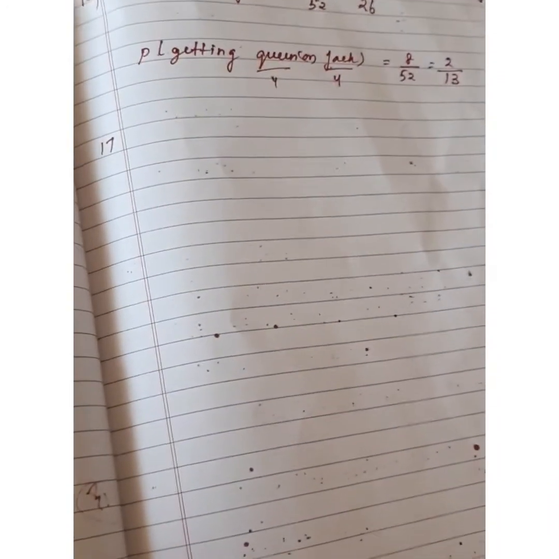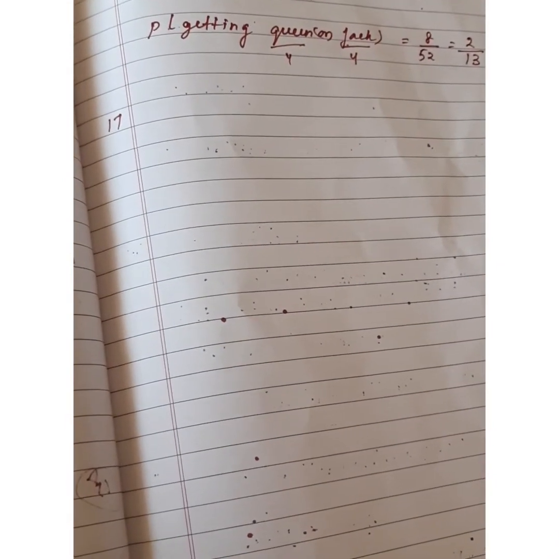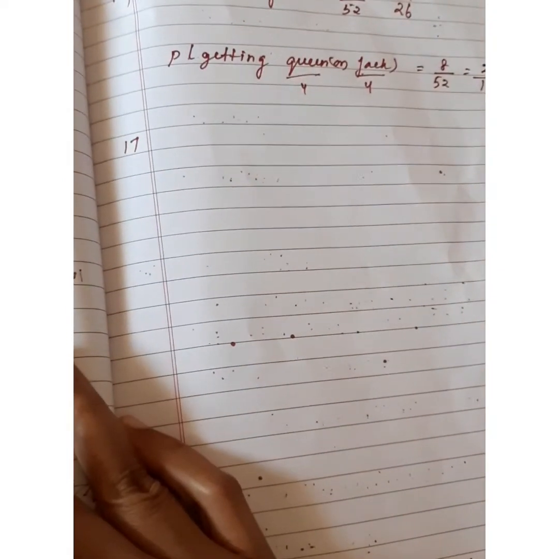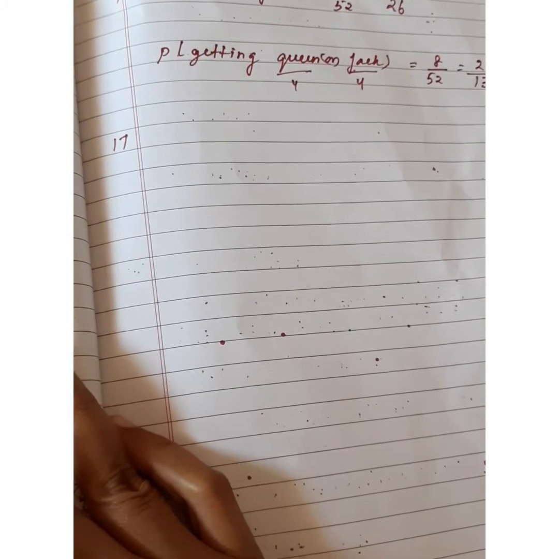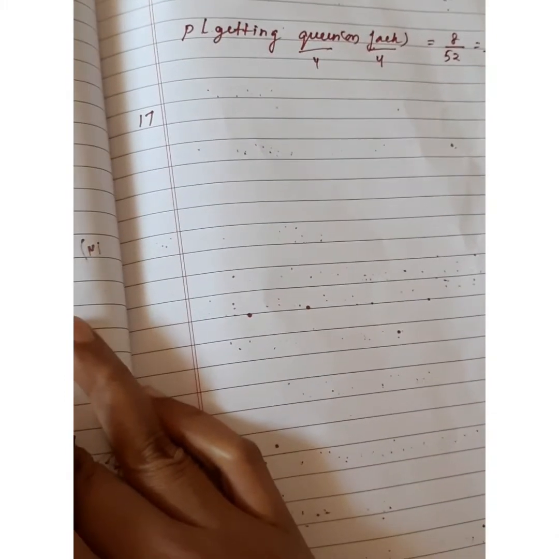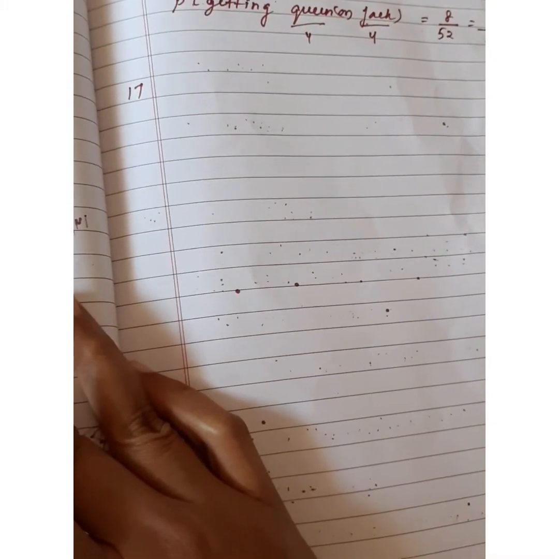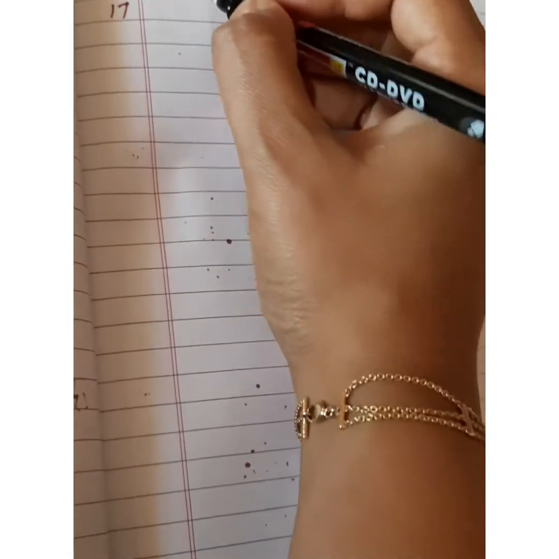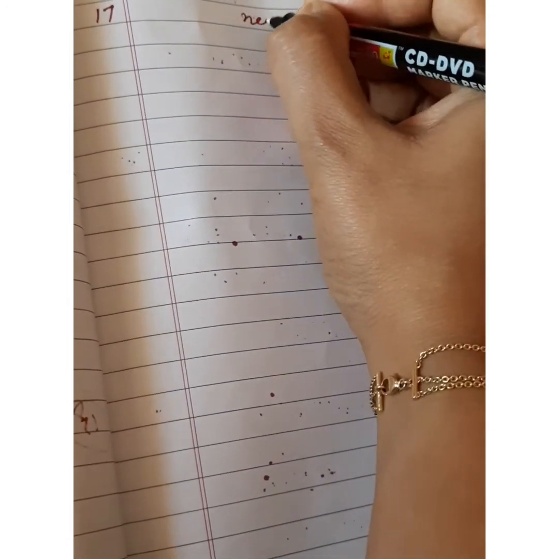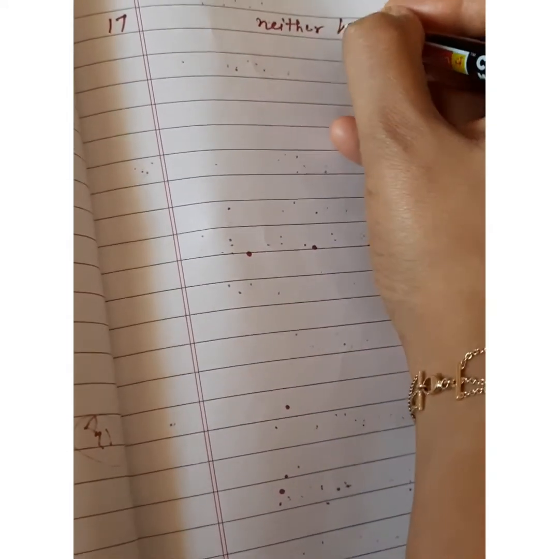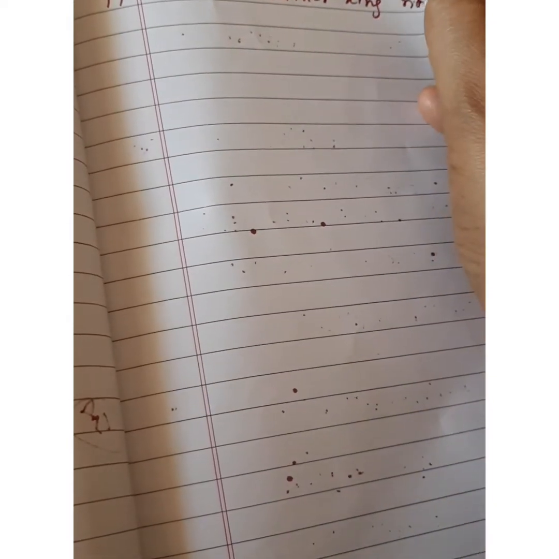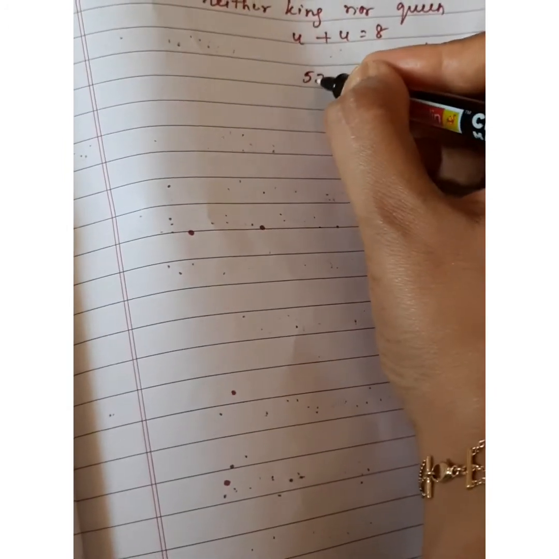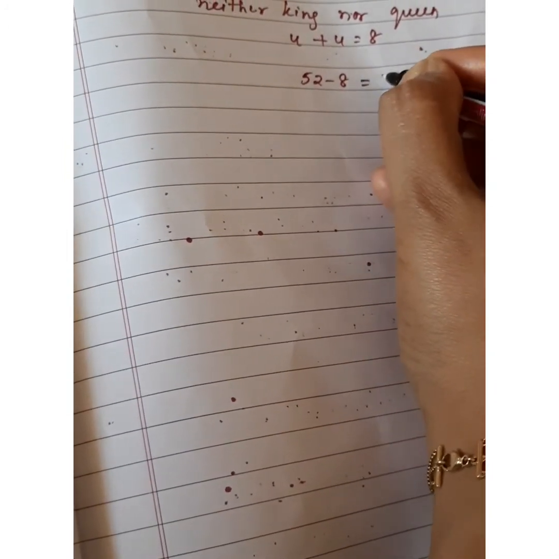Next question 17. Neither king nor queen. Again, to exclude this option, we know there are 4 kings and 4 queens, so that's going to be 8 in total.